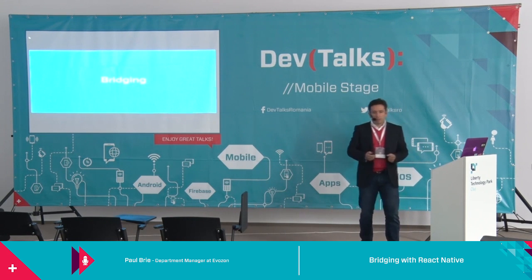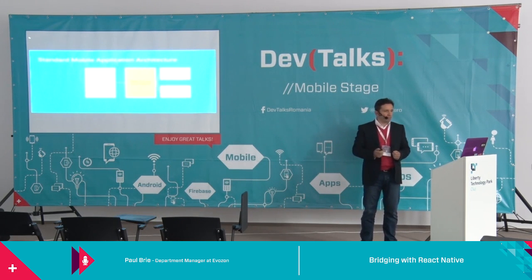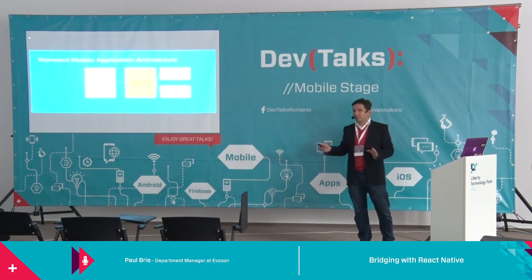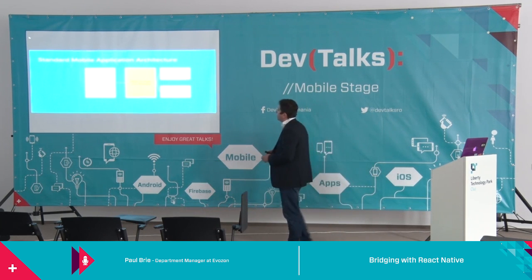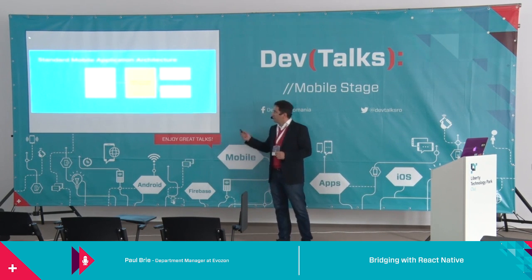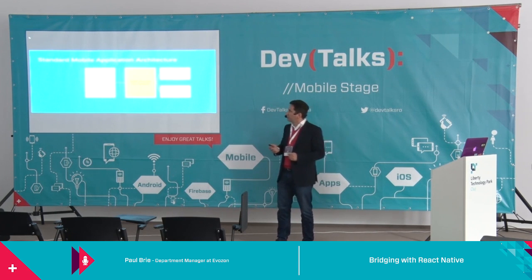Okay, so that was a short introduction. Now I'm going to talk about bridging. This is a very schematic architecture, but basically, as you know, mobile applications have a main thread.